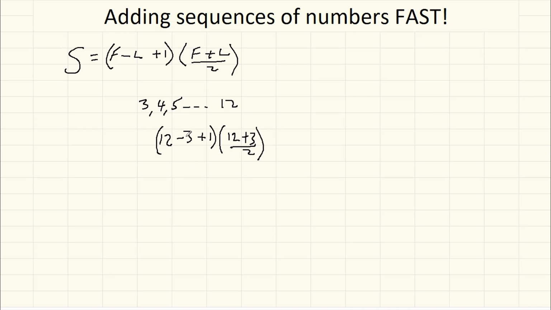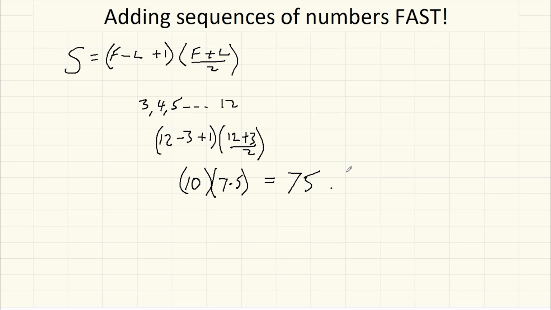Okay, so this is 9 plus 1 is 10, multiplied by 15 divided by 2, which was 7.5. So the answer here is 75. And if you check that on the calculator, you'll see that's right.